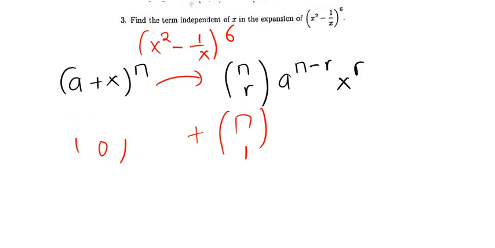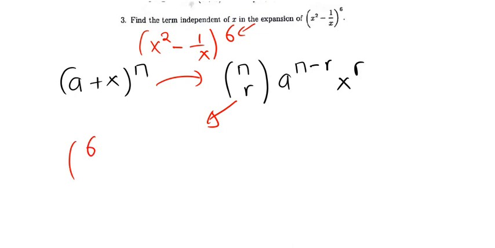Now in this case, we don't have a specific term that we're dealing with, so we'll just apply the same formula. What is our n in this case? Our n is the power 6. So what we're dealing with is 6 choose what we don't know. Our a is x squared, which would be raised to the highest power, 6, minus r, which we don't know.